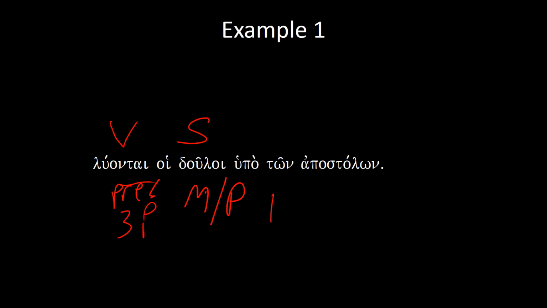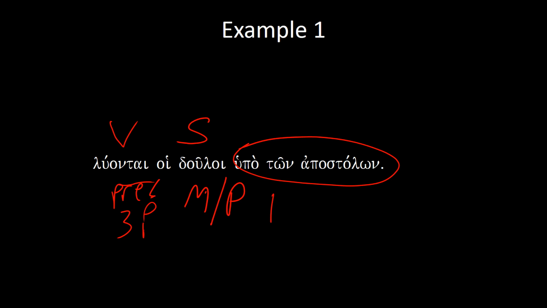Hoi douloi luantai. So let's say it's middle. The servants loose themselves. The servants loose for themselves, or the servants themselves loose. Let's say it's passive. The servants are being loosed. Okay, so we've got both of those options. Let's look at the rest of the sentence. What we have is an agency phrase.